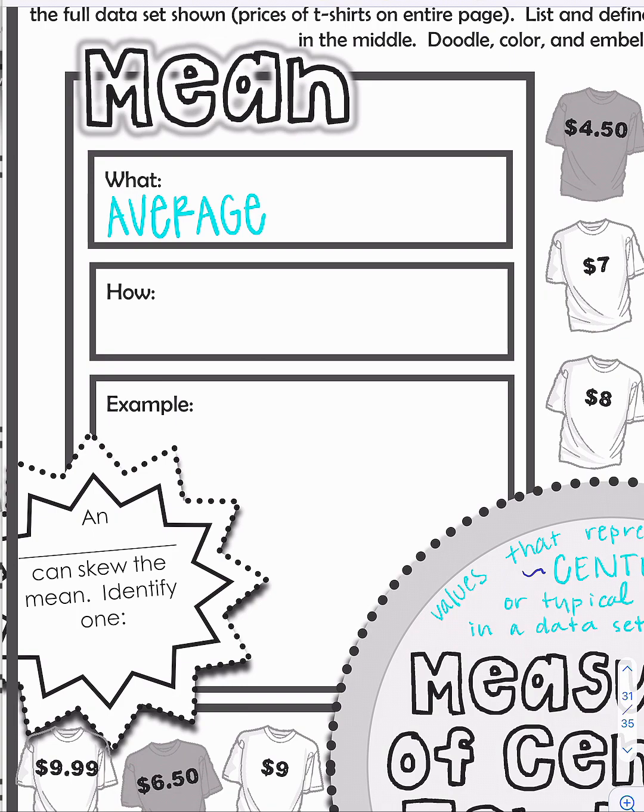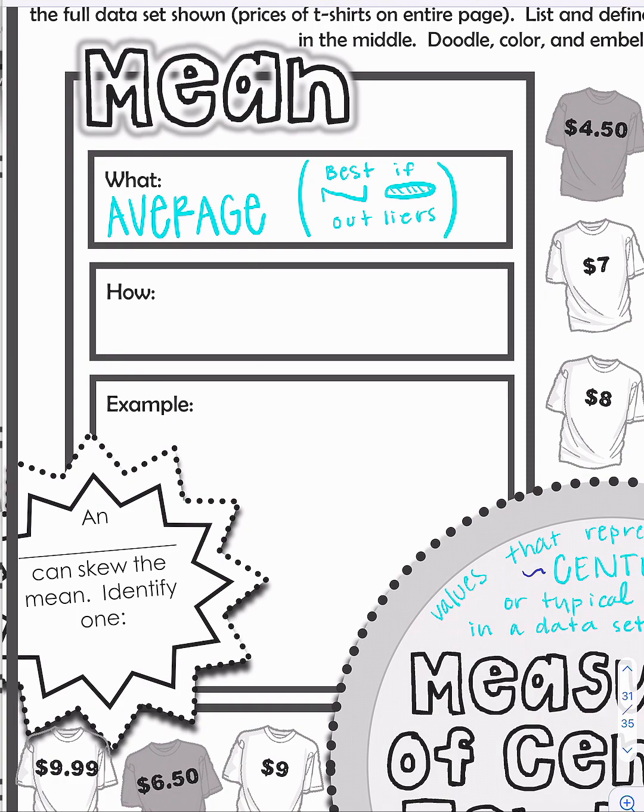Okay, and the average is best found if we have no outliers. So I'm just going to put in parentheses here, best if we have no outliers.